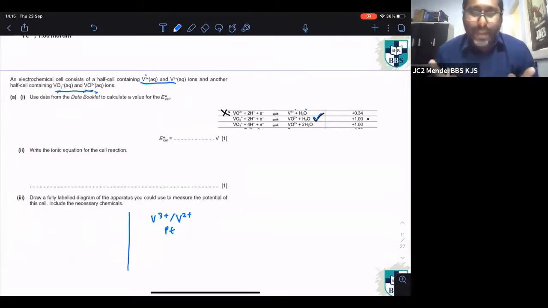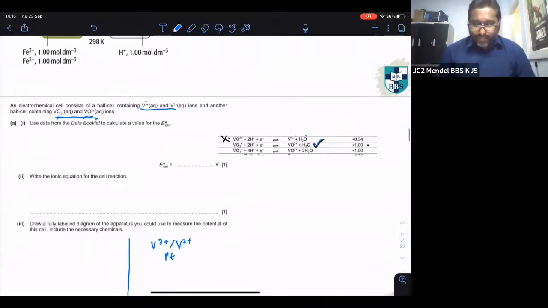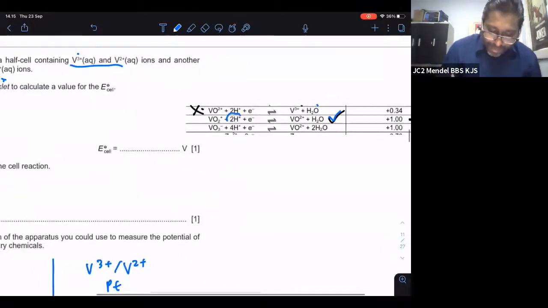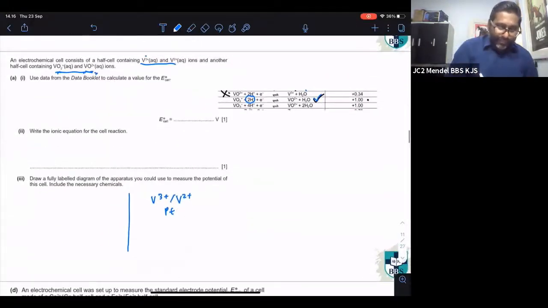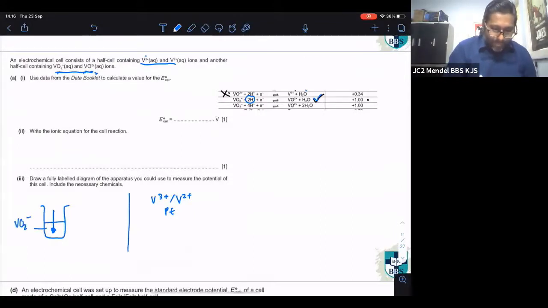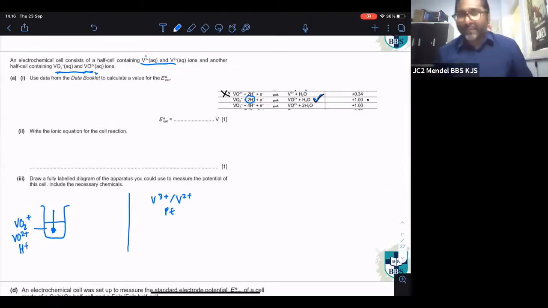But very, very important, once you find the equation, you will notice that there is going to be H+. So when you do the setup, this is going to be iron. You put the platinum over there, and this is going to be VO2+, and then VO2+ you put over there, and make sure you put H+ over there as well.